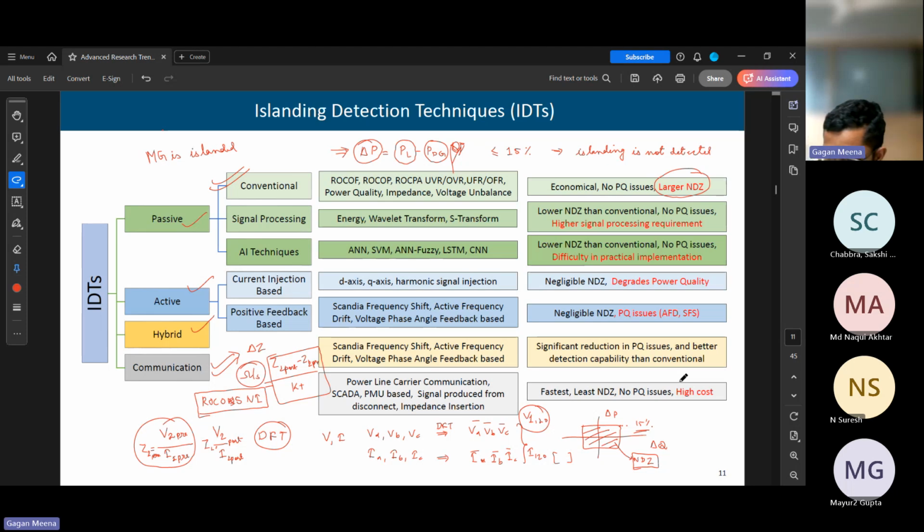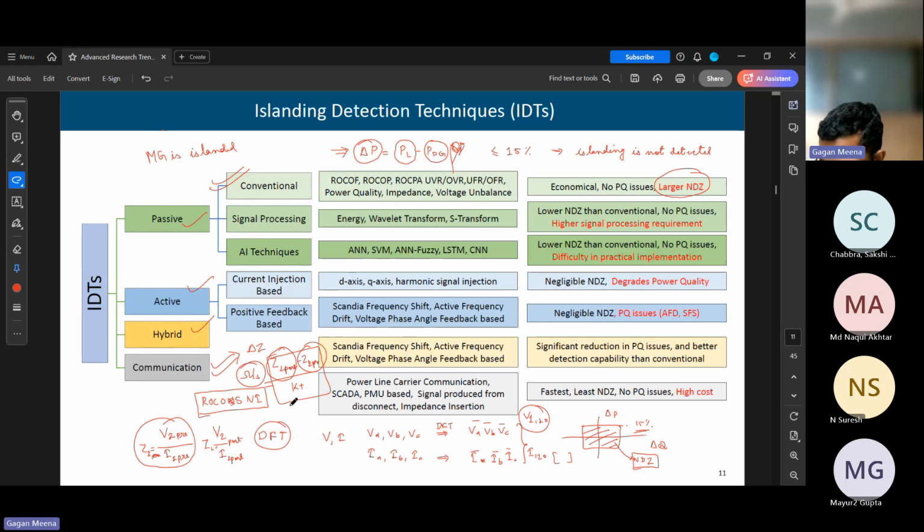Here also we can do the same thing: calculate this Z for each window and take the difference. Whenever the difference shoots up, we can tell that this is the instant of islanding, and we can change the settings or take whatever action is required.